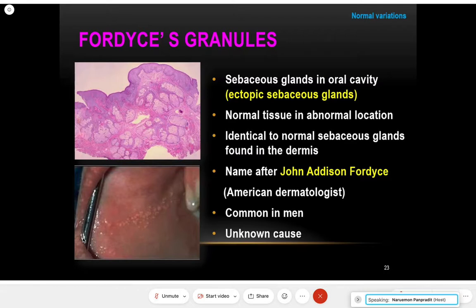The sebaceous gland should show a white or slightly yellowish color. Sometimes a small amount appears, sometimes a lot of small ones appear, and sometimes they appear all over the entire mucosa.